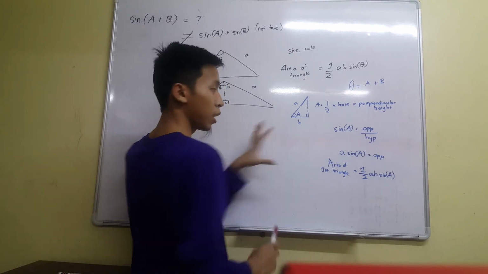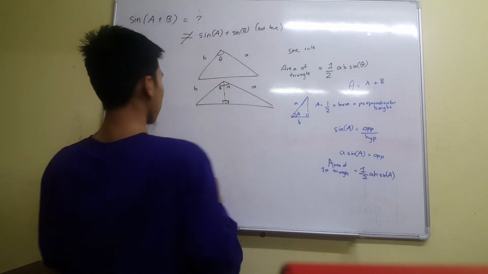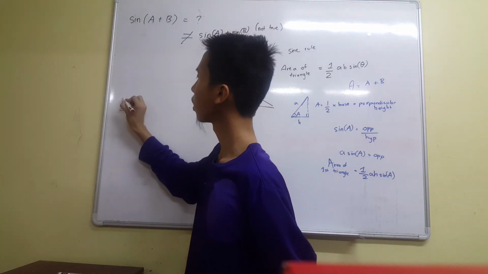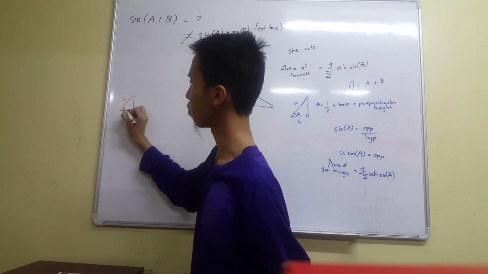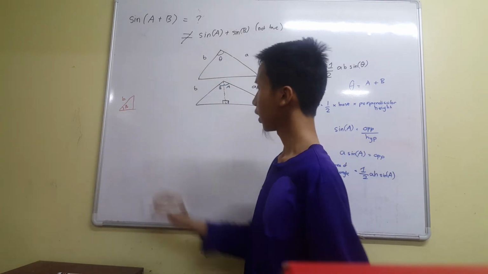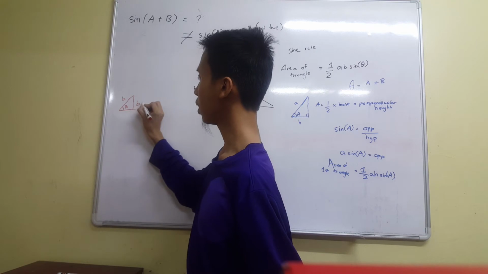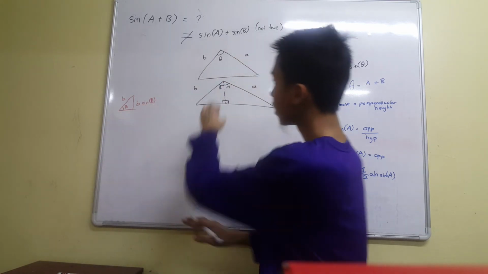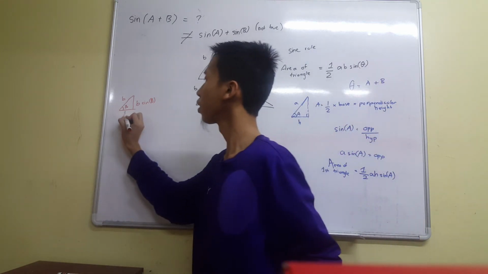Now we can make the same argument for triangle B. We'll draw the triangle, and this is big B. To calculate the opposite, it must be B sine B, and the base is the same, the height.